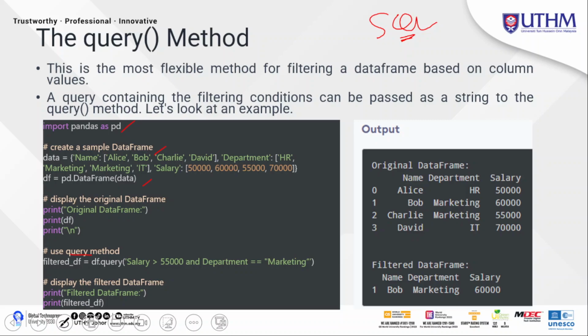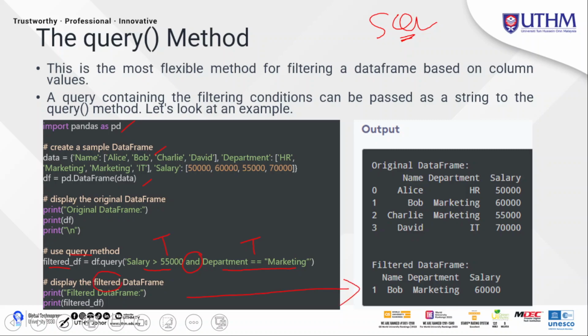It's also similar. filter df equal to df dot query. The salary should be greater than 55,000, and that is a logical operator, and the department should be marketing. So this condition must be true, and this condition also must be true, then only that output will be shown in the final output.